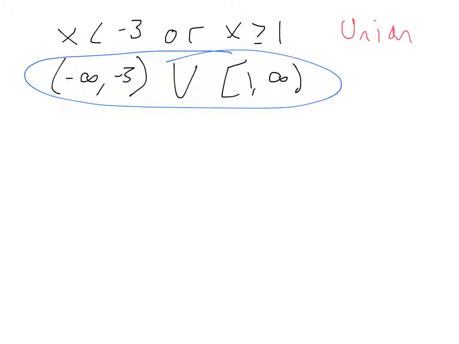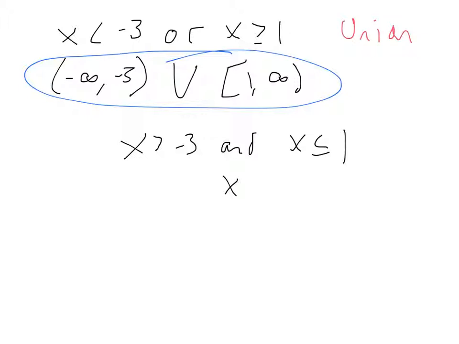Okay. Now, on the other hand, if I have like x is, let's say, greater than negative 3 and x is less than or equal to 1, so I'm combining a similar but different set with the word and, let's write this in the condensed inequality notation first.